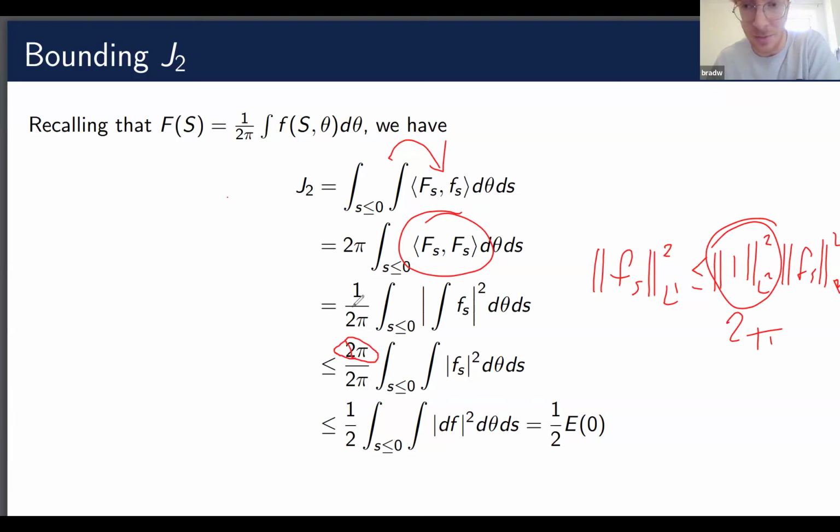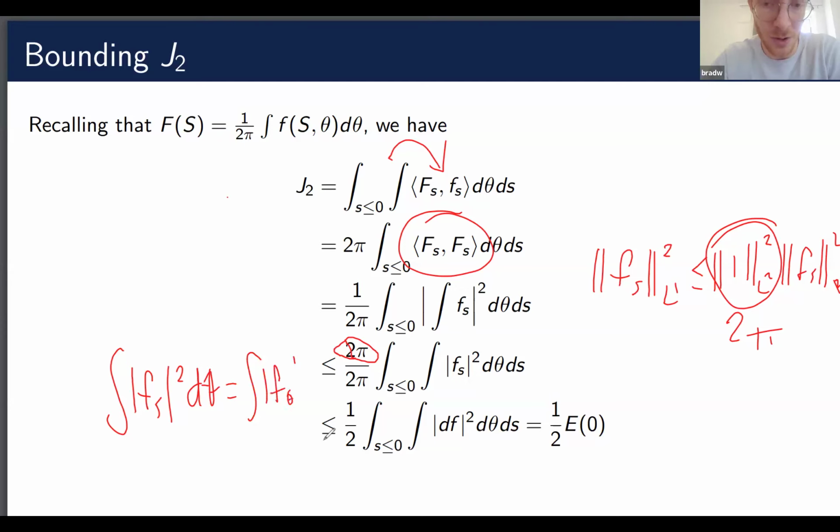And now here's where we use the equality we proved. Remember, we proved, using this Hopf differential, that you have something like this going on.